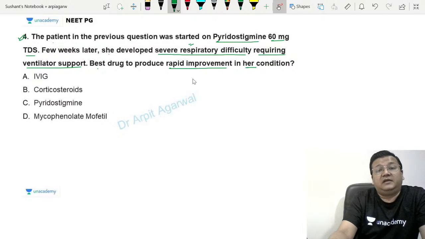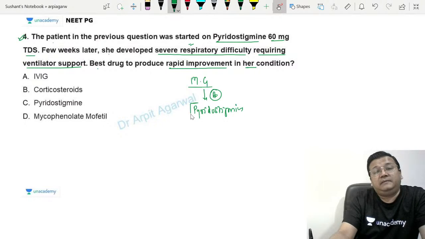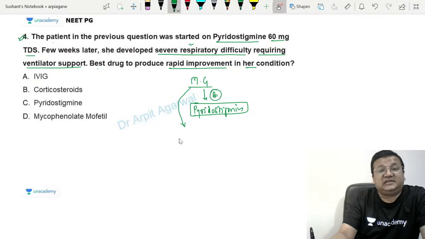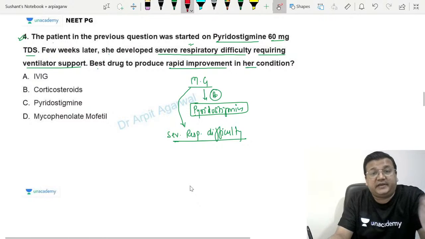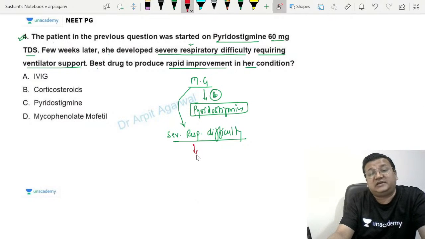So we have a case: a known case of myasthenia gravis, being treated with pyridostigmine. Now this patient comes to the emergency with very severe respiratory difficulty, and she requires a ventilator.